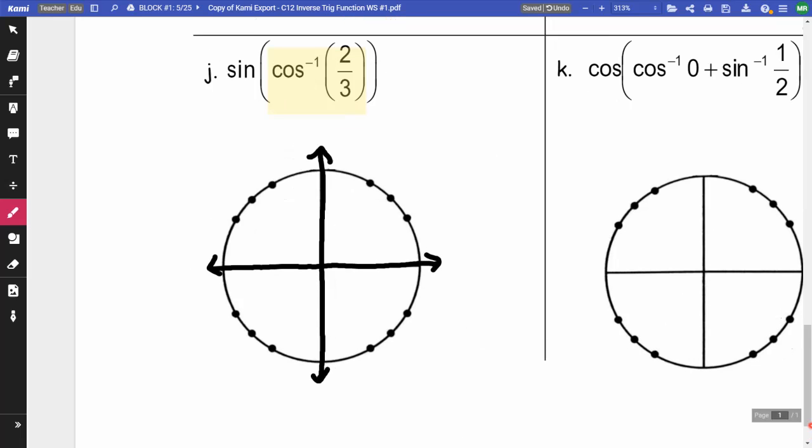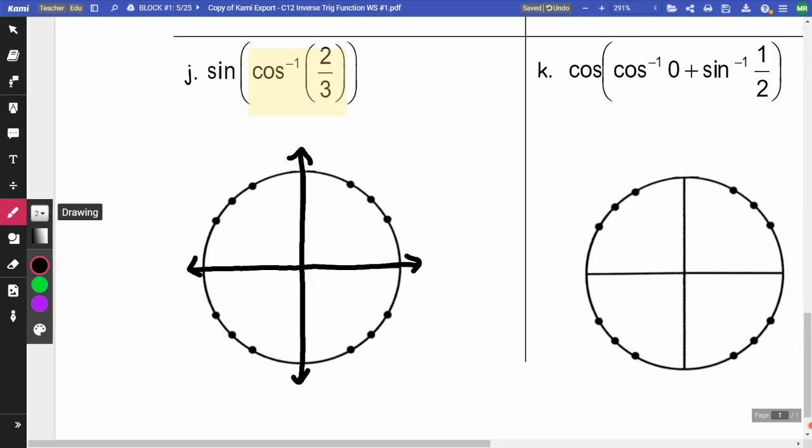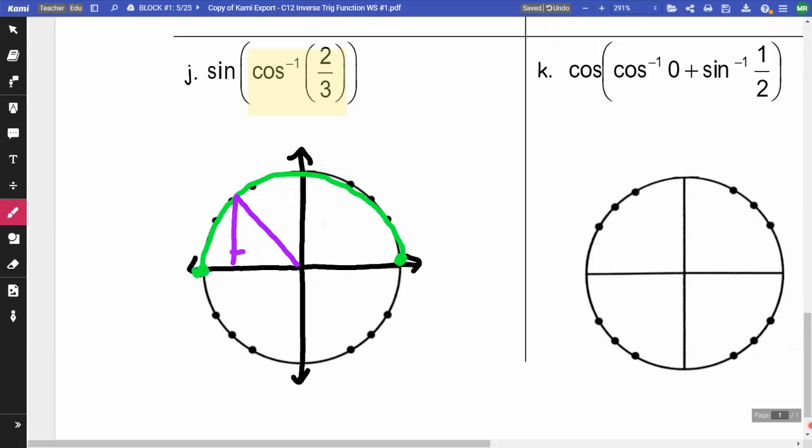Now this is cosine inverse. So again, with cosine, we're going from here to here. Since it's a negative cosine, I'm going to be in quadrant 2. So I'm going to draw a right triangle. And again, I don't really care where I'm drawing it. I'm not paying attention to those dots up there.